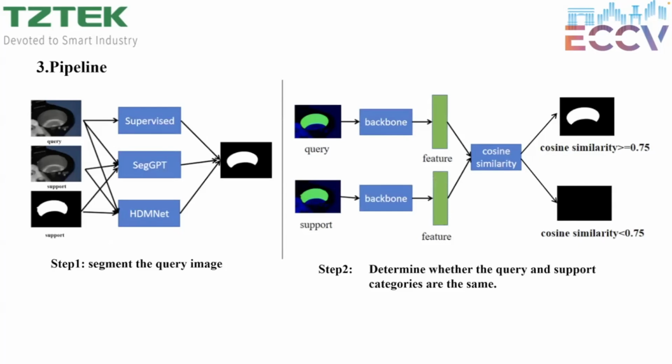During inference, we apply the same process to both the support and query data, image and mask, extract features separately, and then calculate the cosine similarity. By using a specified threshold, we determine whether the query and support categories are the same.